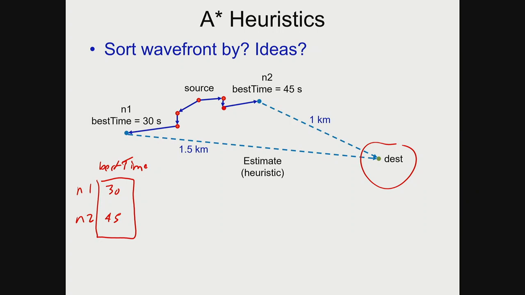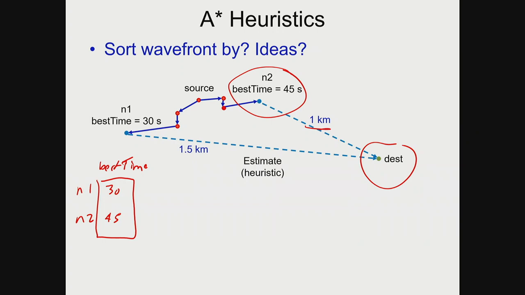So in A*, we're trying to sort differently. I'll give you one minute to think about this. What kind of heuristic would you use? Something you can compute quickly, that you're going to bring into your wavefront sorting so that you understand that N2 is looking closer to the destination.